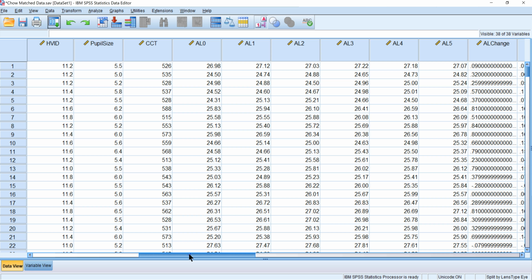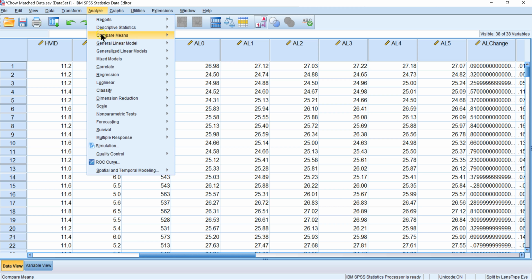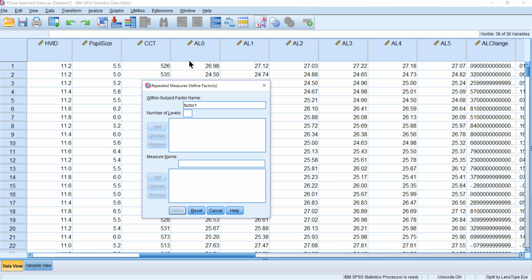In future videos, we'll talk about how we would do an analysis if our layout is vertical. But for the analysis of general linear models, repeated measures, we use it vertical or horizontal.